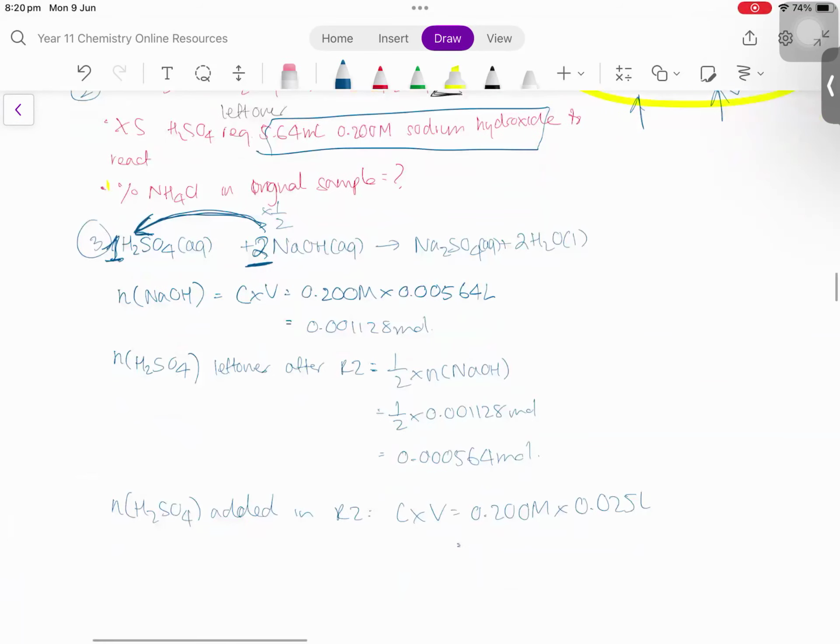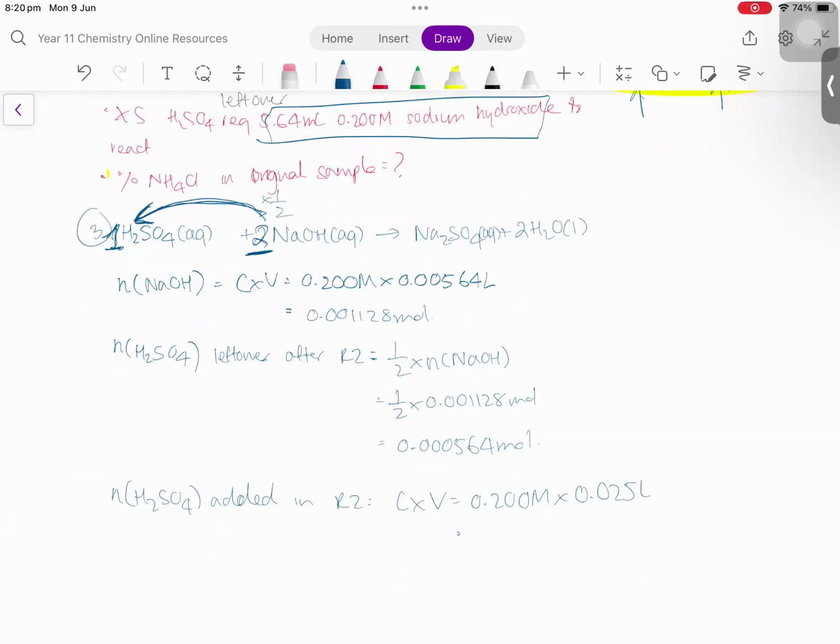So how many moles did they add in reaction 2, please? 0.005 mole. So I've got both parts of my equation.